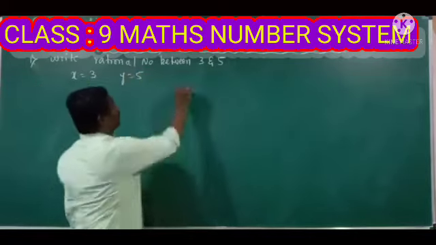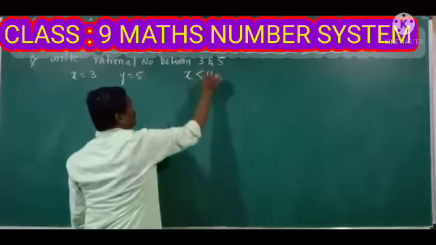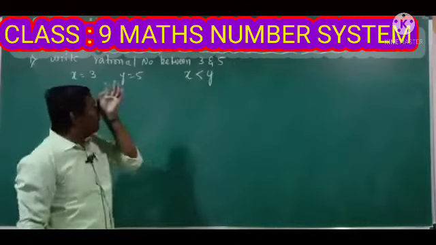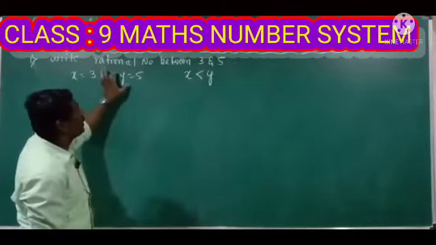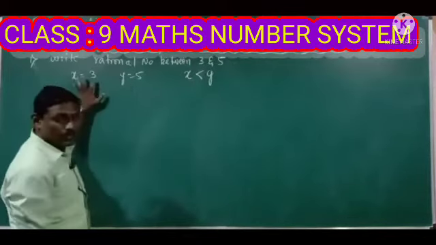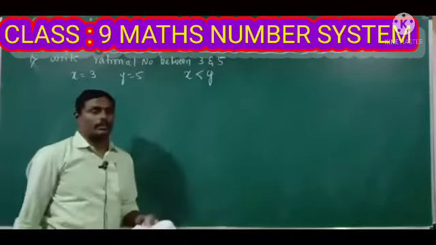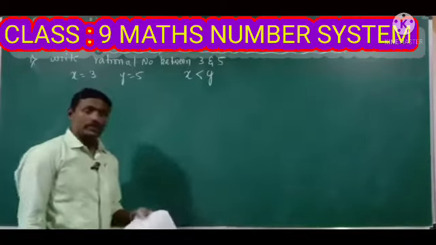It should satisfy the given condition, that is x is less than y. The x value is always smaller than the y value. That's why I am taking y as 5 and x as 3.